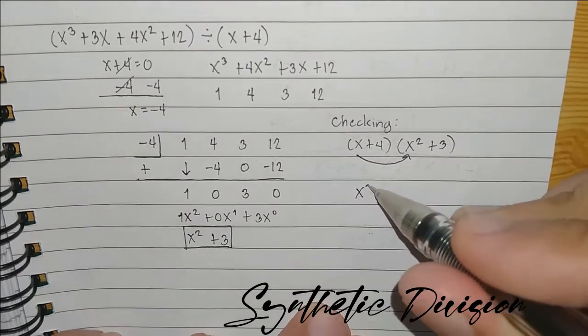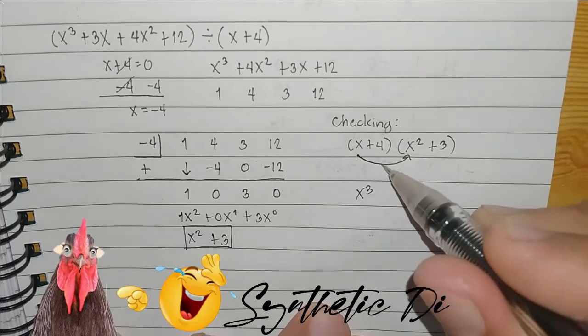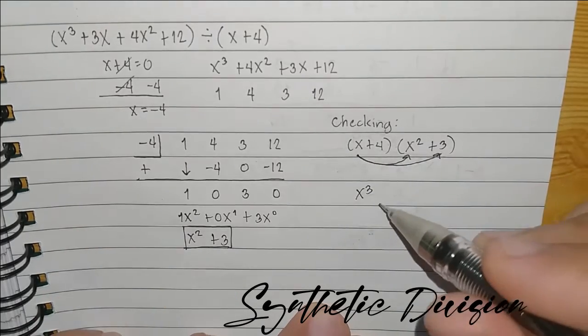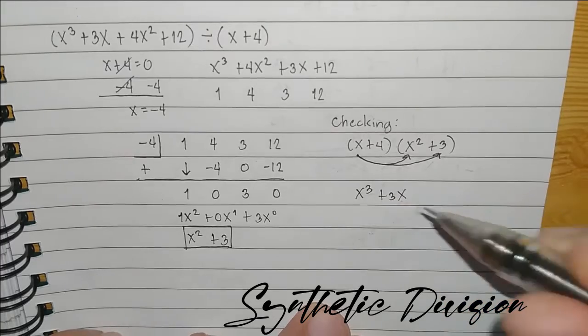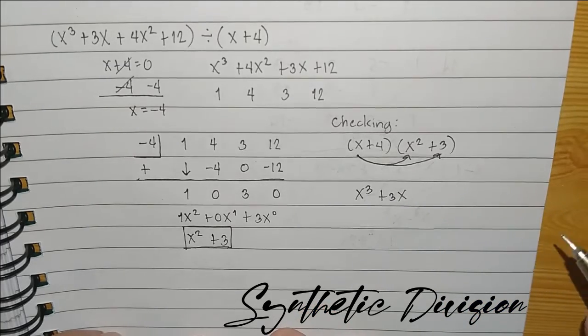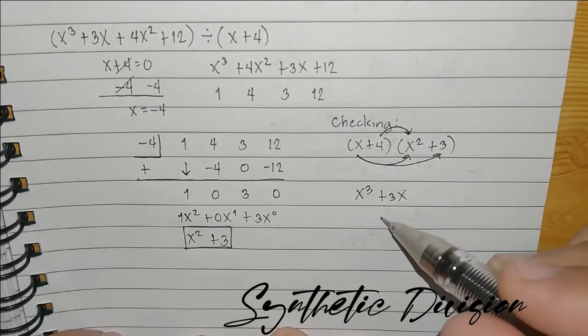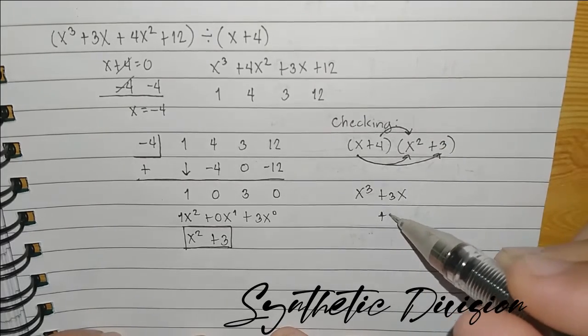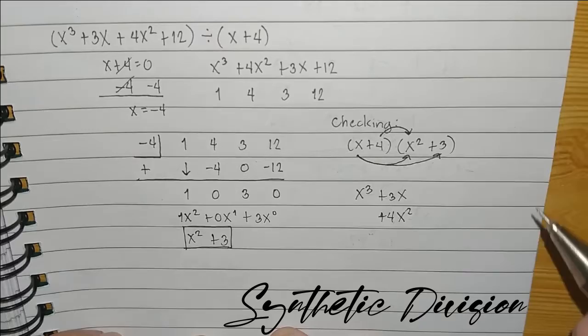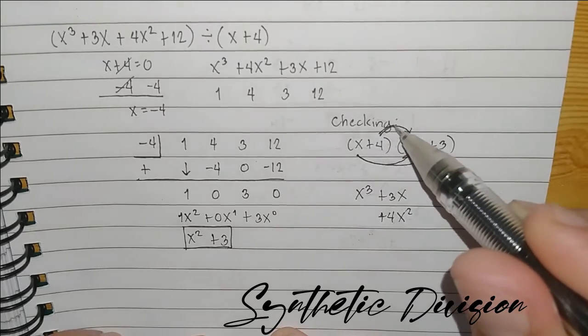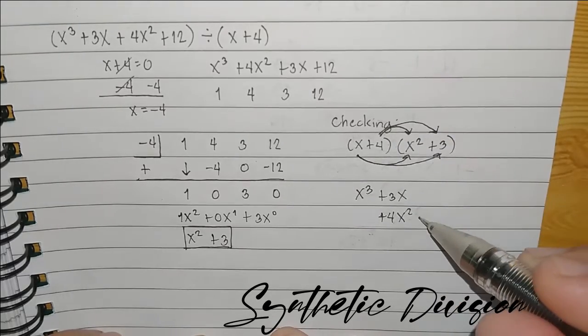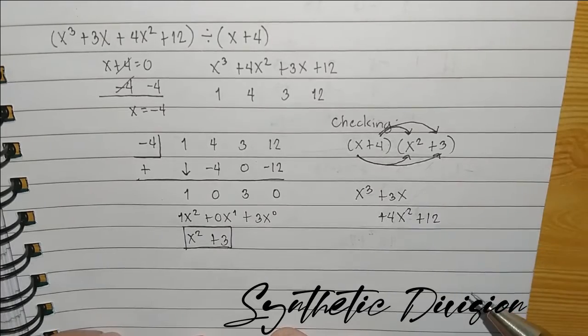We have x cubed. And then x times 3, we have plus 3x. Next, let us multiply 4 times x squared. We have positive 4x squared. And then, 4 times 3, we have 12.